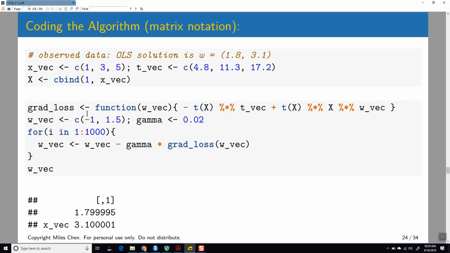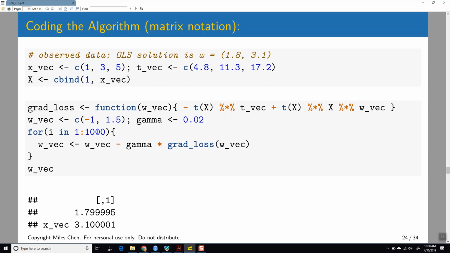And here I'm going to just start off at some arbitrary location, -1 and 1.5, and I'm going to use a step size of 0.02, and then this is the algorithm. I take our current location and I subtract off gamma times the gradient of the loss function at your current location, and I update our current location accordingly.